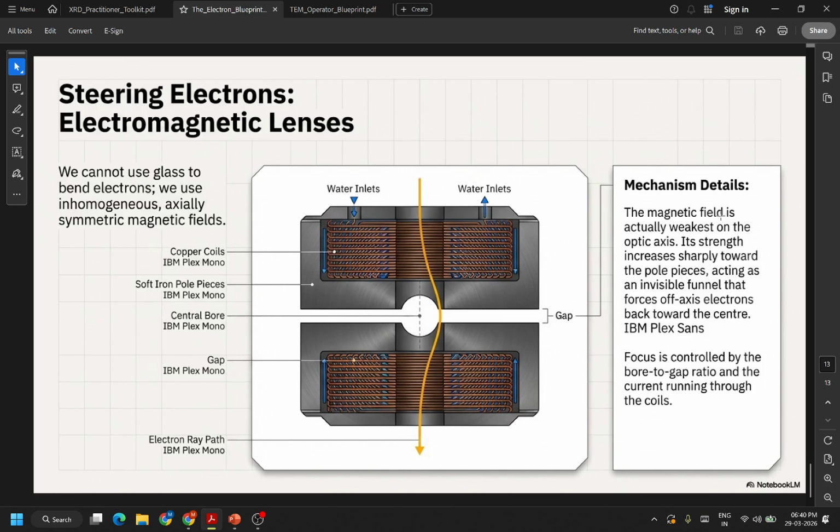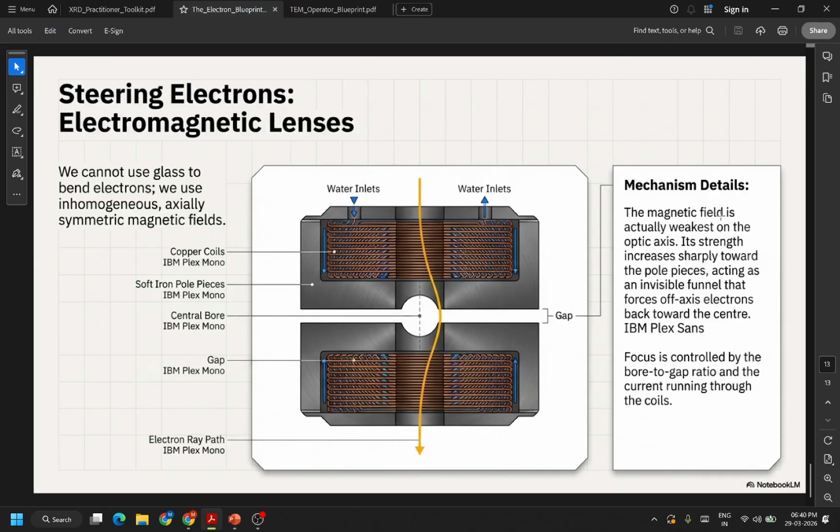So the magnetic field is weakest on the optical axis. Its strength increases sharply towards the pole pieces, acting as an invisible funnel that forces off-axis electrons back towards the center. So the magnetic field is spread, not constant throughout the gap.